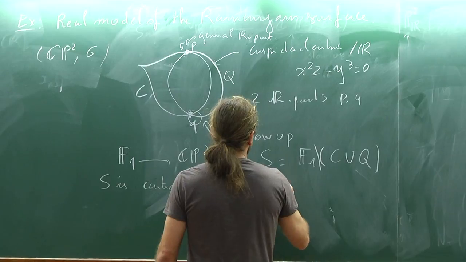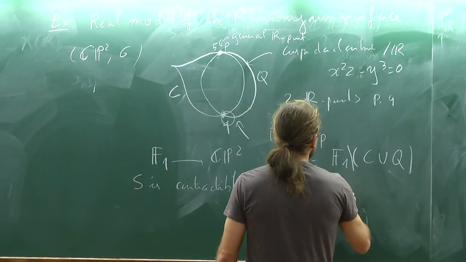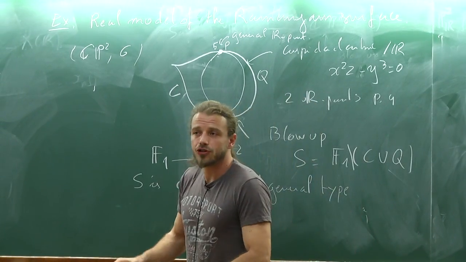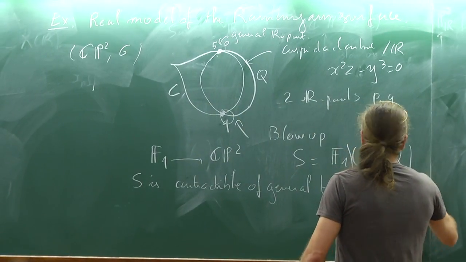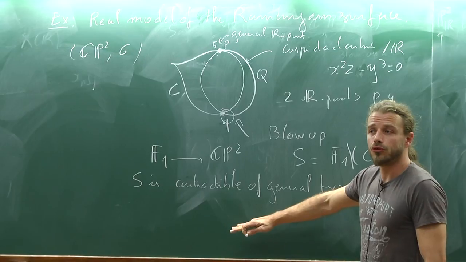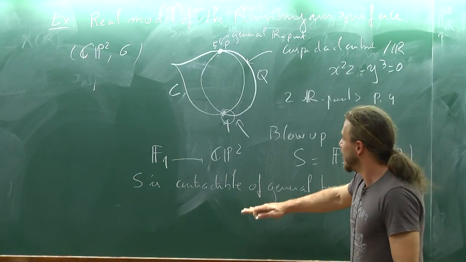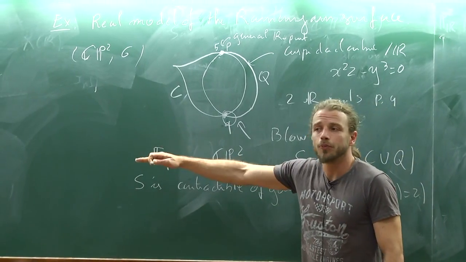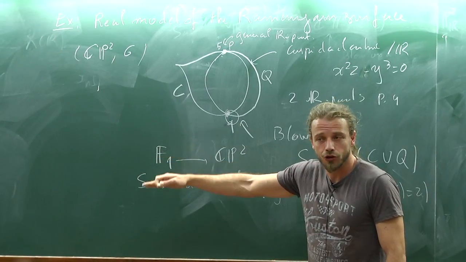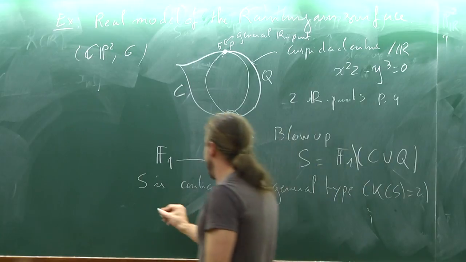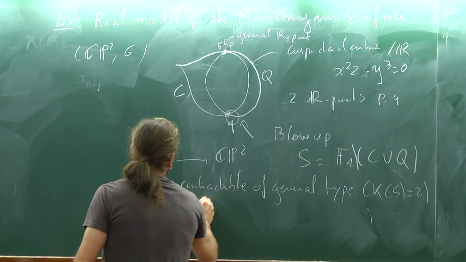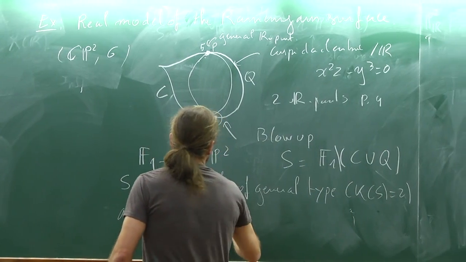Of general type for an affine surface means that its logarithmic Kodaira dimension is maximal. In other words, kappa of S equals 2. So this is the part of the statement due to Ramanujan, that this surface has the same topological properties as C2, but it's not C2 because it's of general type. And S(R) is diffeomorphic to R2.